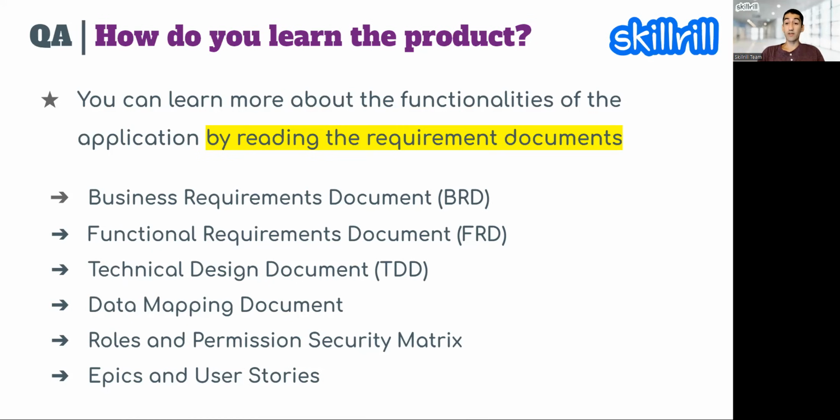I don't want to complicate this at the moment, but the purpose of those documents is to describe how the application works, to describe specific features and functionalities of the application under test, the application that you're planning to test.